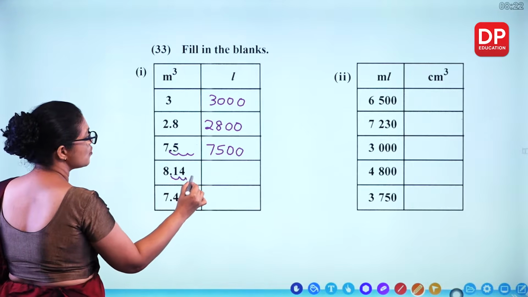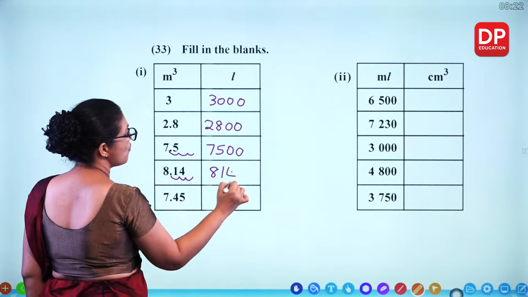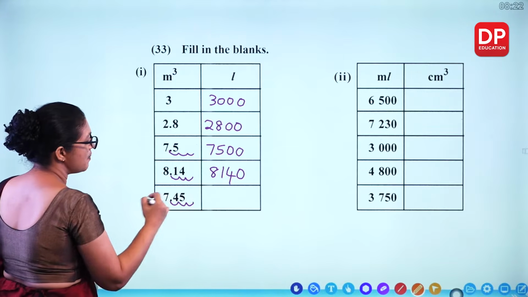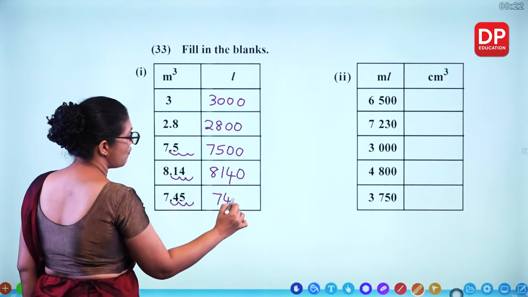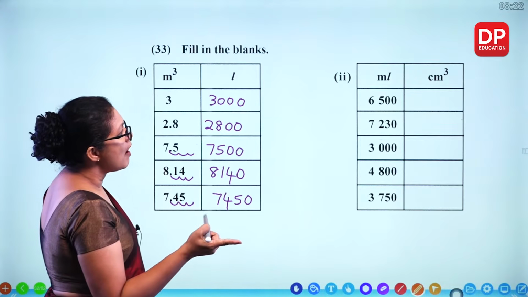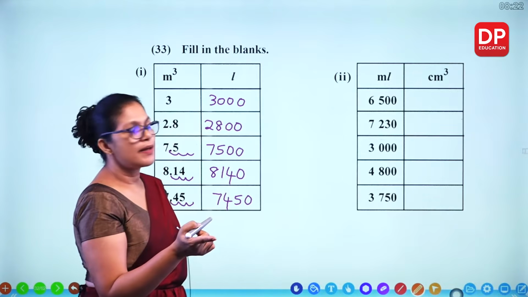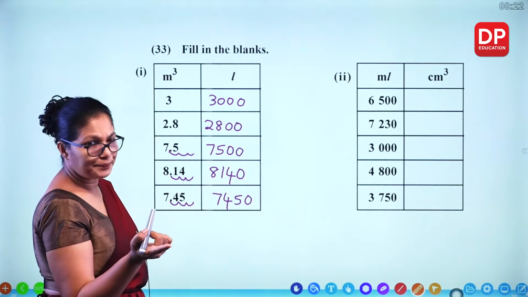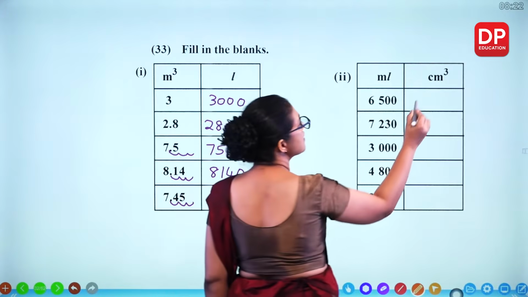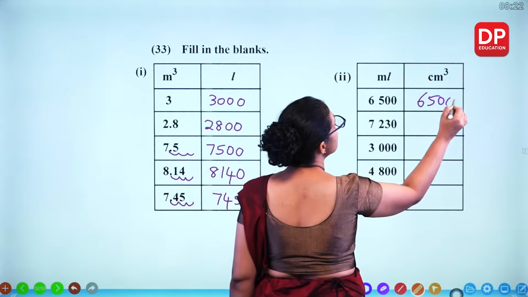Here 3 places to the right, 8140. Move 3 places to the right, 7450. Now this one, milliliters to cubic centimeters, is the same. 1 milliliter is 1 cubic centimeter. So you get the same answers here.